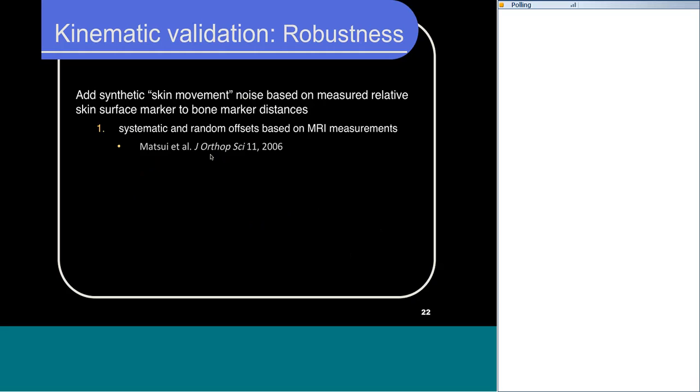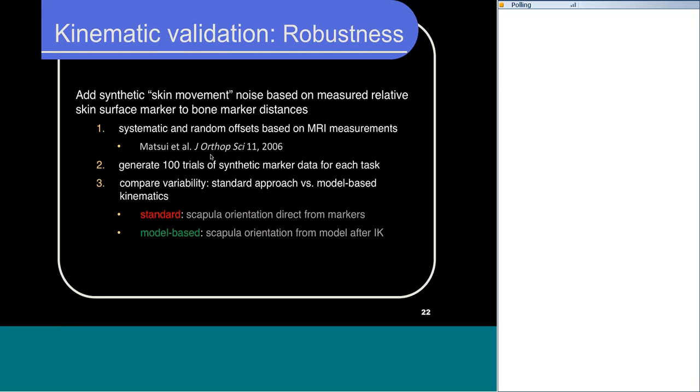So we added systematic and random offsets based on MRI measurements by Matsui et al. We generated 100 trials of synthetic marker data for each task and each noise level. So we did multiple noise levels. And then we compared the variability between using the standard approach of describing the model with Euler angles directly from the markers, and then using the model-based kinematics.